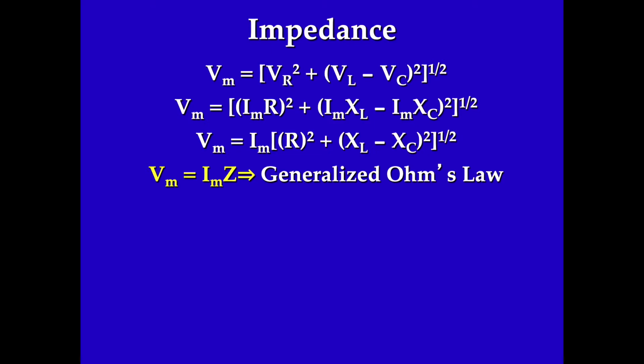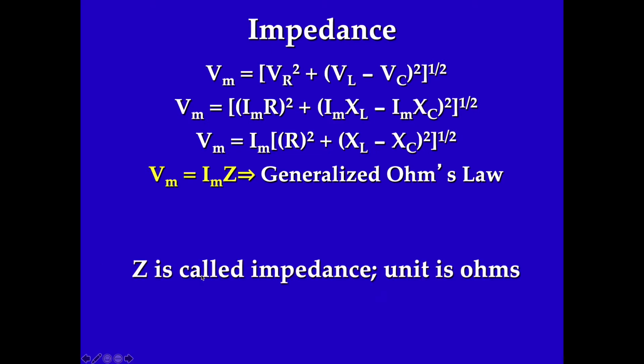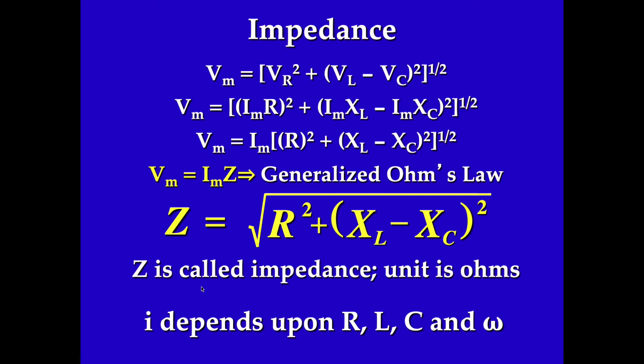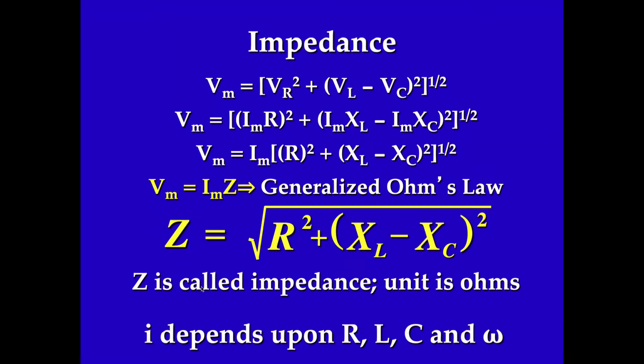If I write V sub M, the power supply voltage, as the total current times Z, where Z we call again the total impedance, and the total current then depends on R, L, C, and omega, the frequency of the power supply.